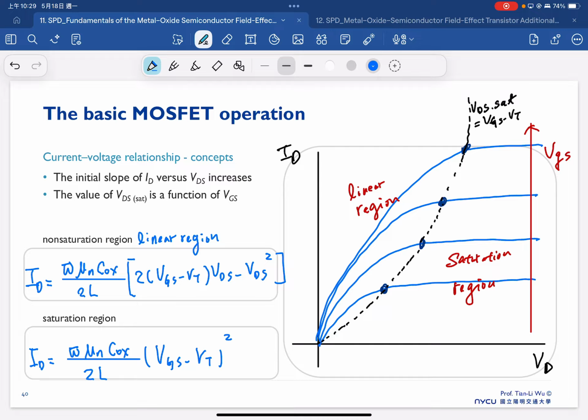So that's the current equation for the saturation region. If you have followed basic electronics, that should be the typical equation you have learned. So that's the general form, and in the next stage we are going to derive these equations.